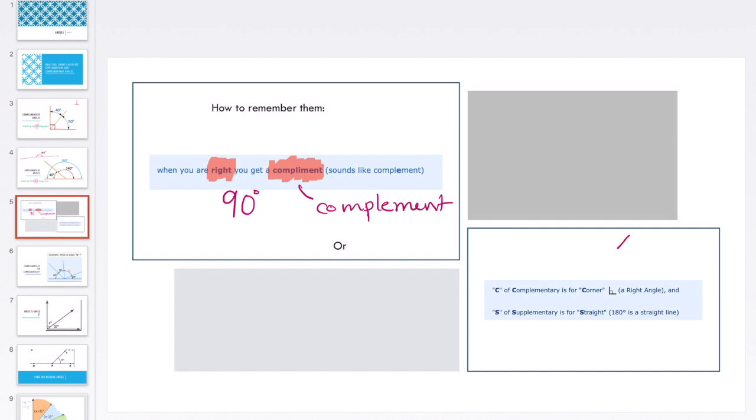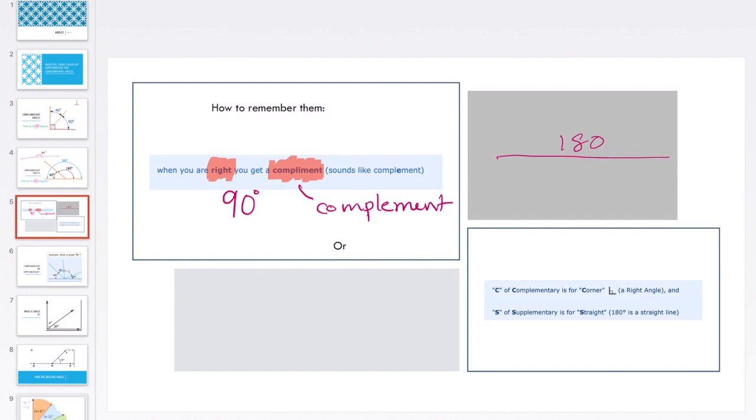I think C for corner is 90 degrees, right? So we'll remember that. And S for supplementary is straight. A straight line is 180. Straight and supplementary both start with the letter S. So we're going to remember it like that.